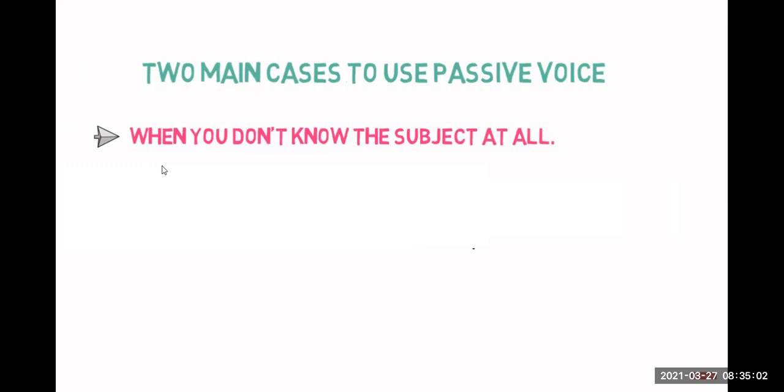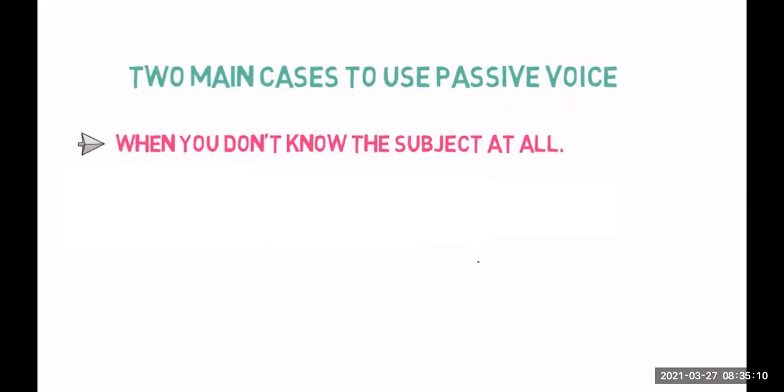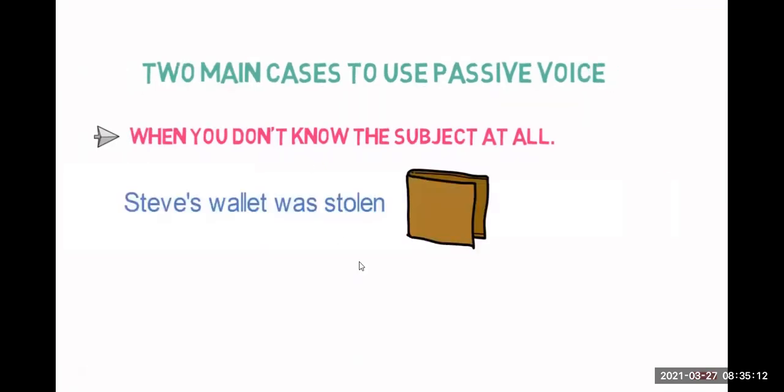When you don't know who was the person or the people who performed the action. So let's see some examples. Steve's wallet was stolen. Maybe when he was on the bus or in the market or on the street, right? But we don't know by whom.